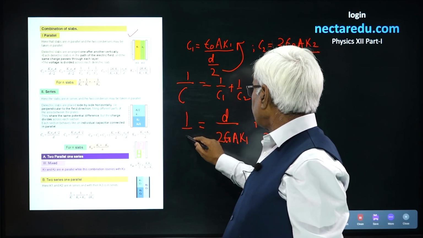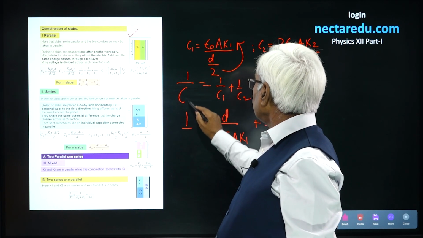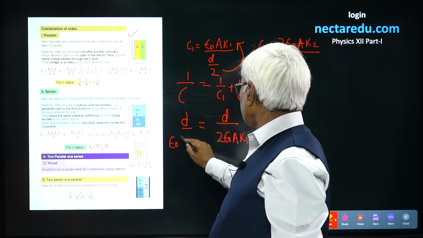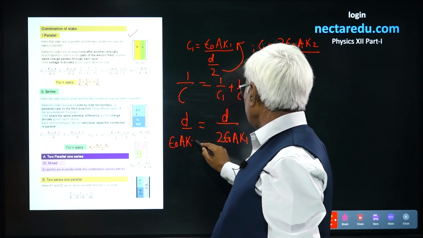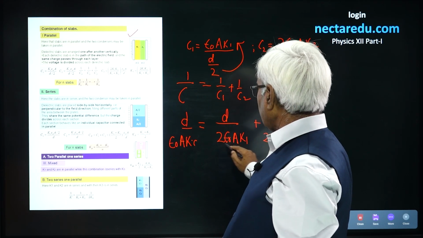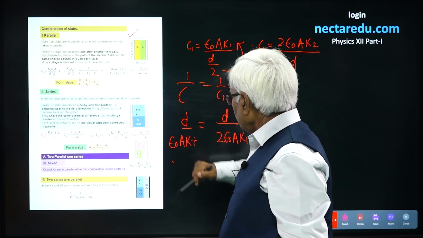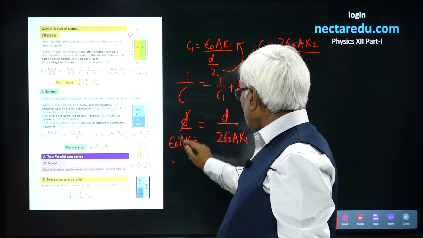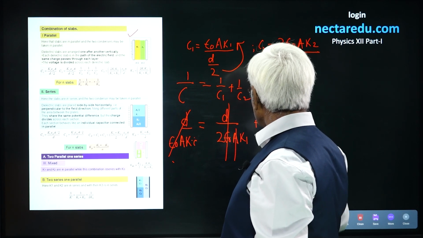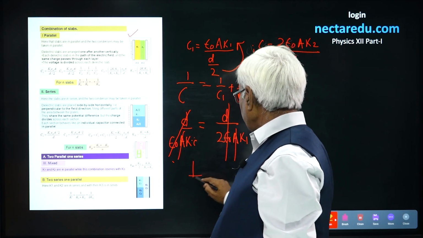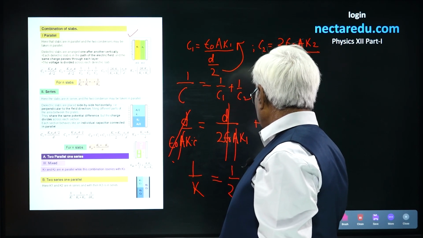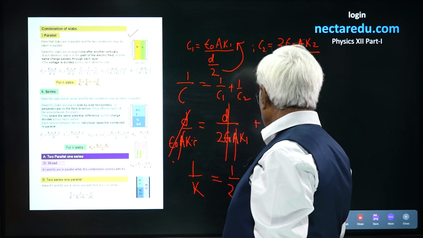And here it is 1 upon total. D upon epsilon naught A throughout is common and gets cancelled. What remains is 1 by K equals 1 upon 2K1 plus 1 upon 2K2.